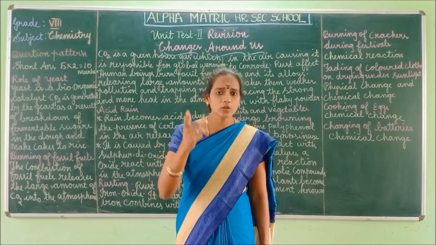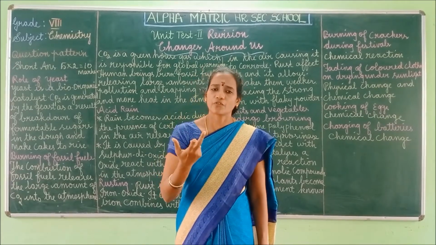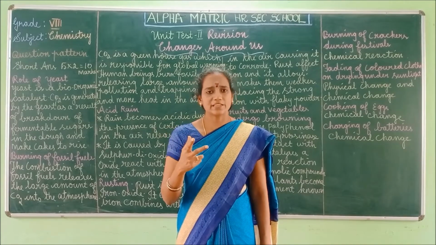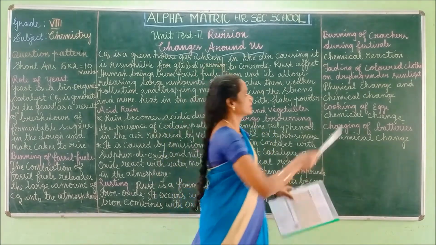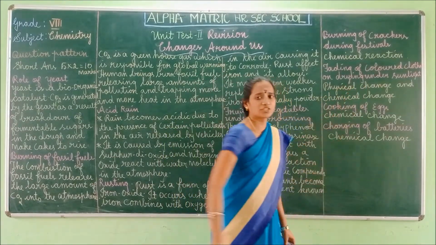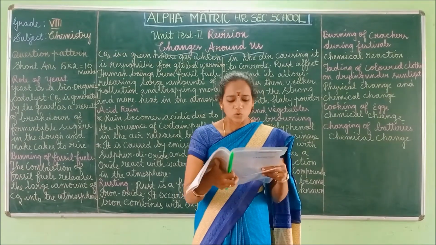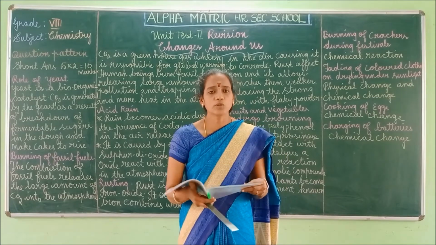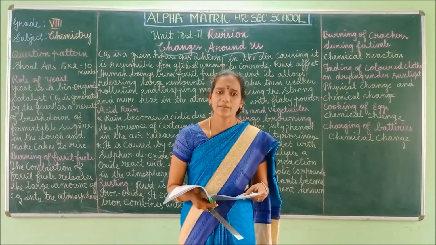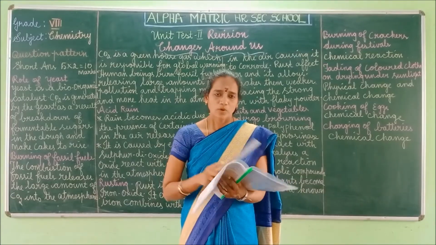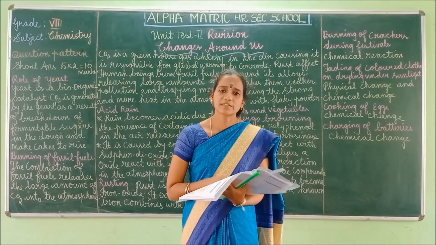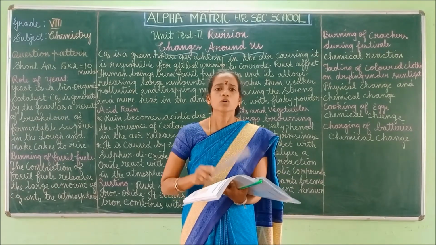They actually undergo a chemical reaction to form heat as well as light. Also it will burn, isn't it? So it is nothing but a chemical reaction, or otherwise you have to mention chemical change. Burning of crackers during festivals is a chemical change only. Why? Because chemical substances present in the crackers make them explode.